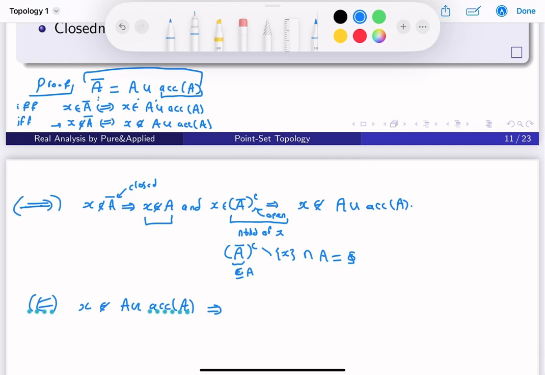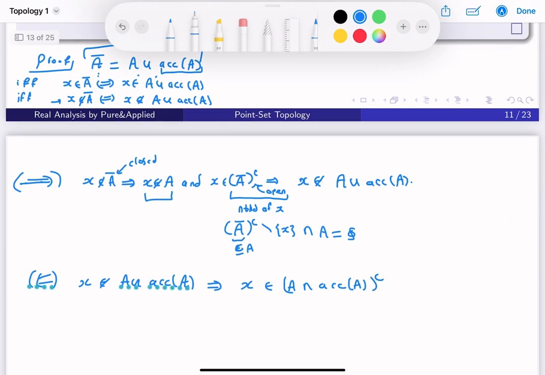Then we have that X is in the intersection of this complement, the union of this complement, and thus we have that X is in A complement intersected with the accumulation point set of A complement.